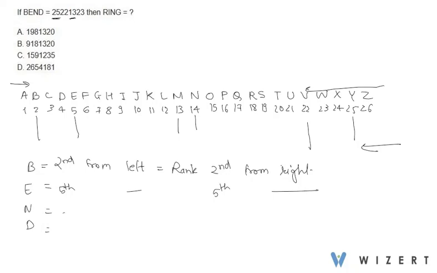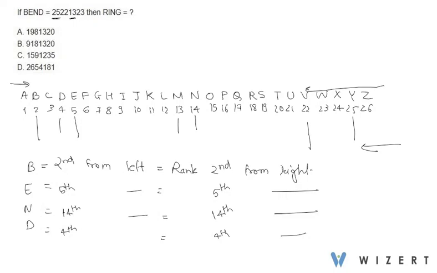N is 14th from left, given 14th from right. And D is fourth from left, so the number is given fourth from right, which is 23.